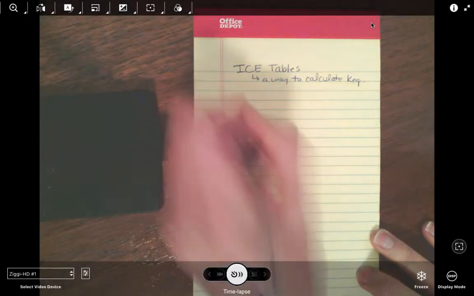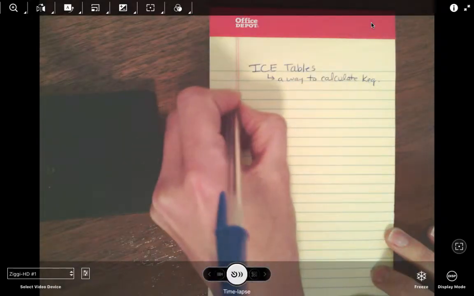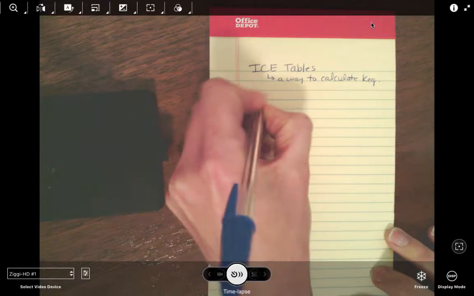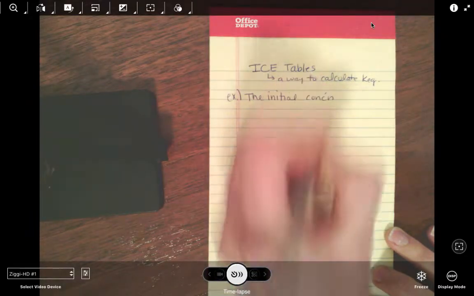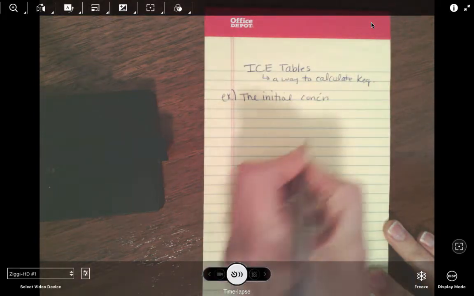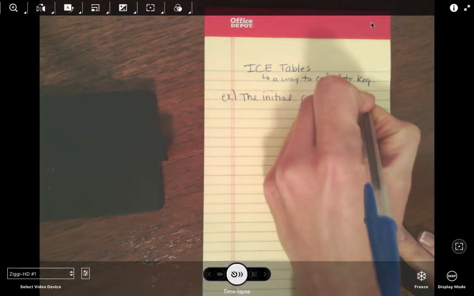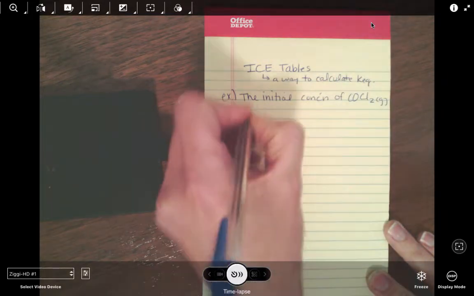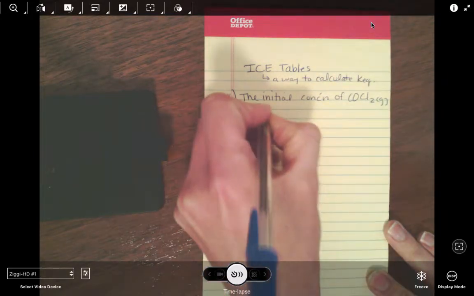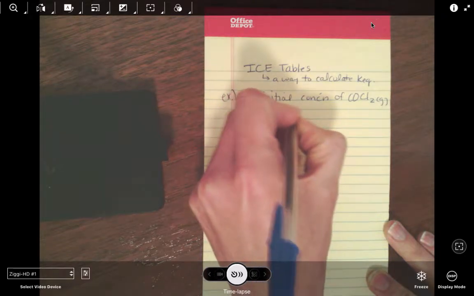So the first problem, or the first example, I'm going to give you two examples, is: the initial concentration of COCl2 gas is 0.0350 molar.